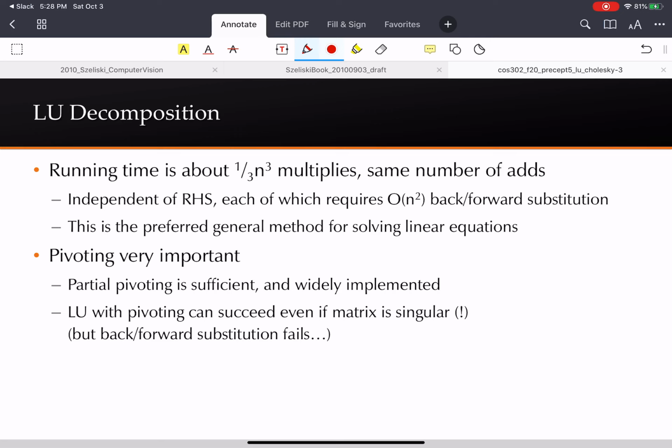Partial pivoting is sufficient and widely implemented in some decomposition methods. So from these introduced LU decomposition methods, we find LU with pivoting can succeed even if the matrix is singular. However, from the previous slides, we have already known that backward or forward substitution will fail if the matrix is singular.